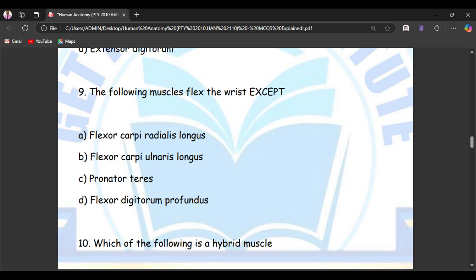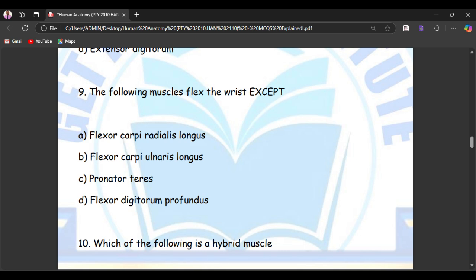Where these muscles insert, they help with flexing the wrist as well as flexing the respective finger or thumb. These include flexor digitorum superficialis, flexor digitorum profundus, and flexor pollicis longus.